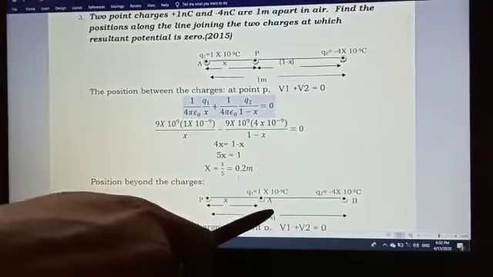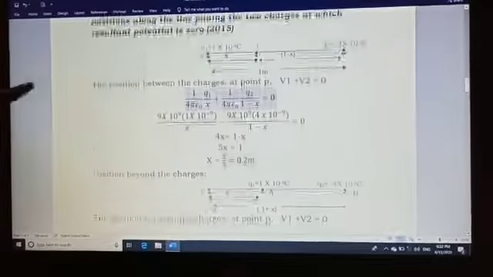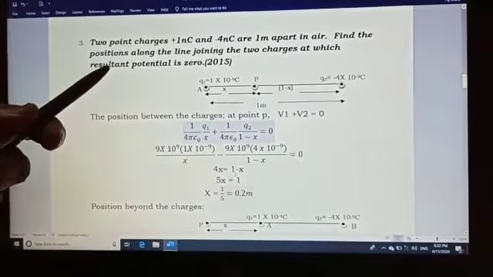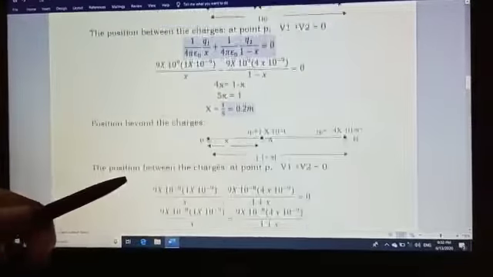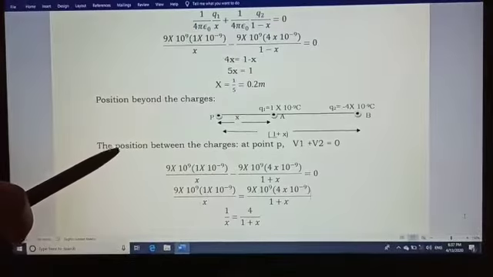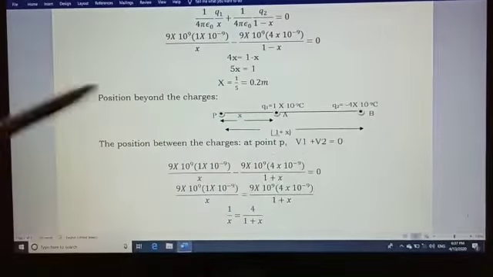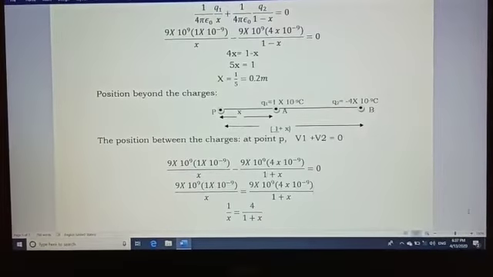Now what happens? V1 plus V2 is equal to 0, since the resultant potential is 0, as mentioned already.